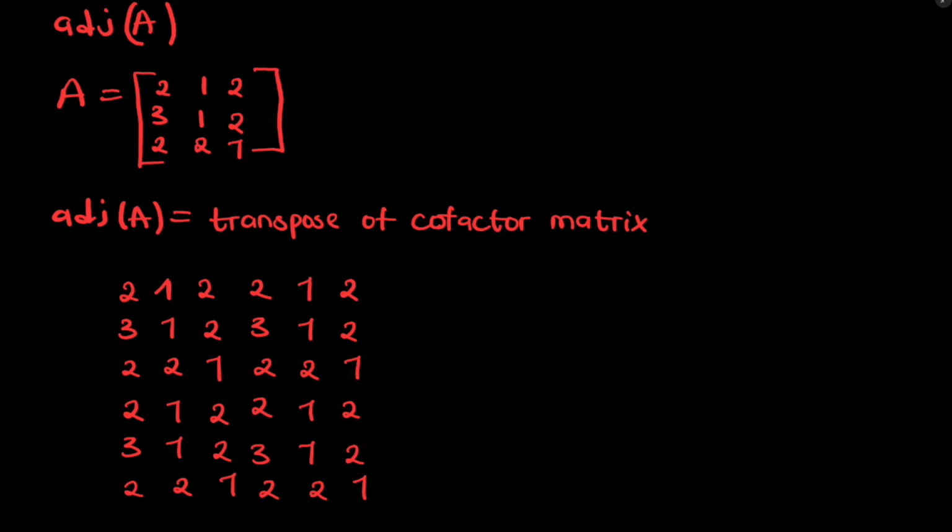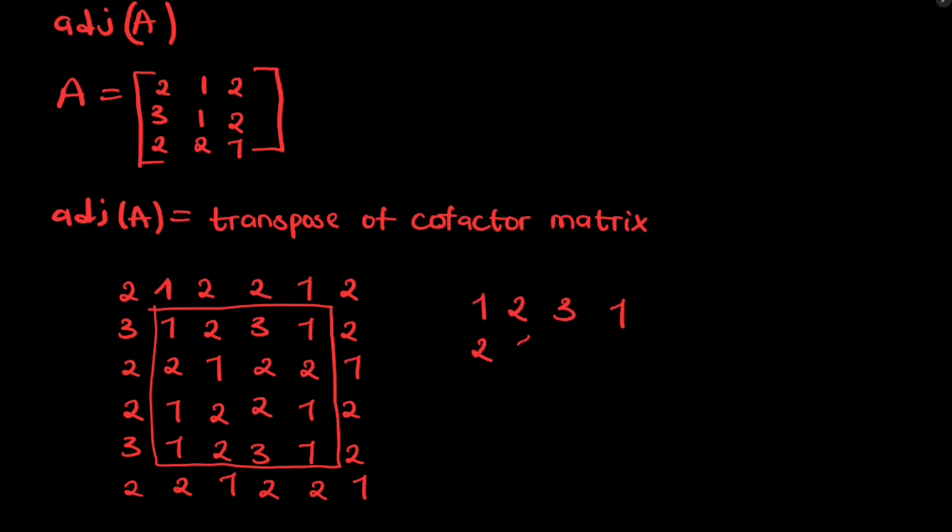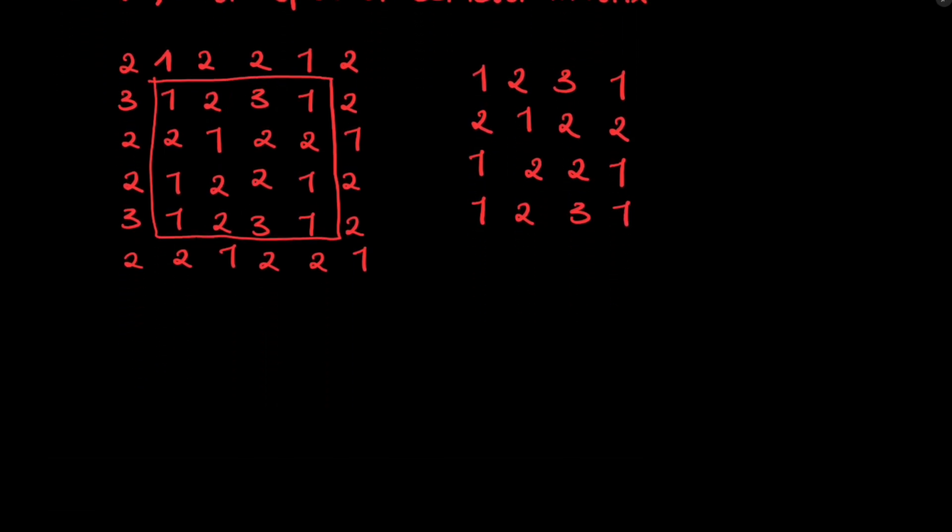So I've written it 4 times. Now I remove the exterior numbers. I'll be left with 1, 2, 3, 1, 2, 1, 2, 2, 1, 2, 2, 1, and 1, 2, 3, 1.